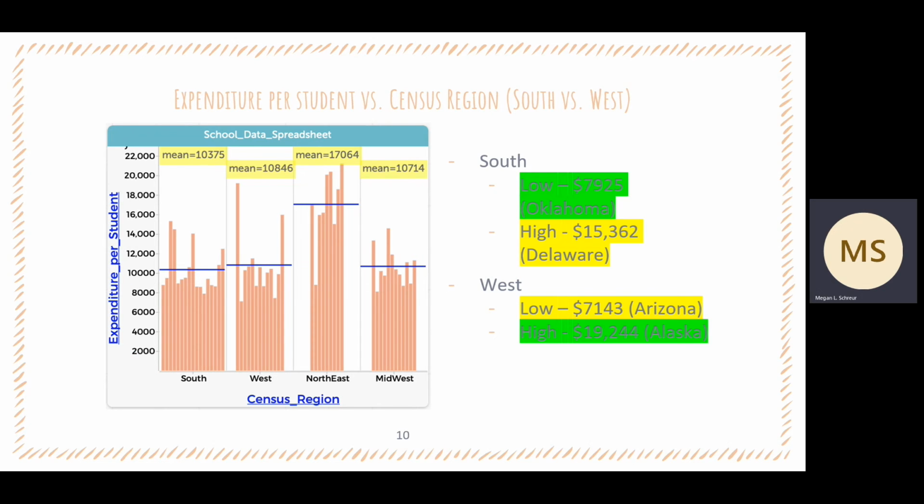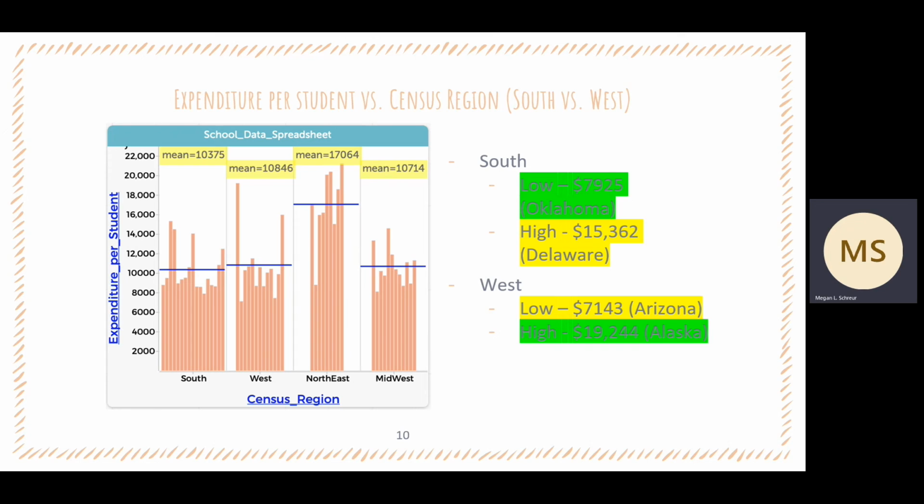Next, we have expenditure per student versus the census region. Again, we're just looking at the South and the West. So in the South, the low is 7,925. The high is 15,362. And the West, the low is 7,143, and the high is 19,244.